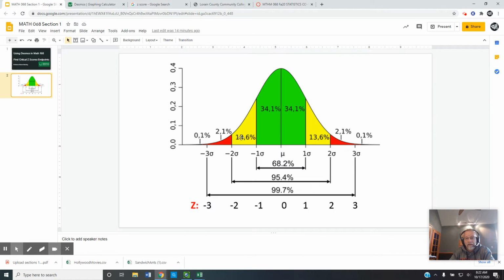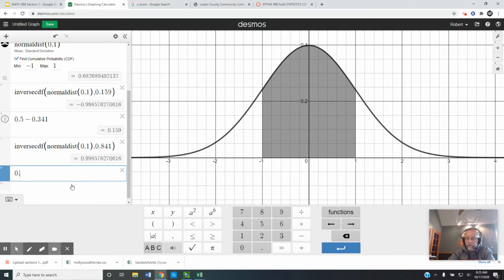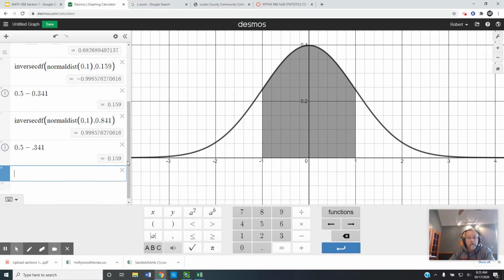Now, another way to get that, if I don't want to take 50% plus 34.1, I know that 34.1 over here is taken away from 50. So if I think in that same manner, I do another one: 0.5, and I take away that 0.341. Remember that 0.159 over there, that's the right side area.